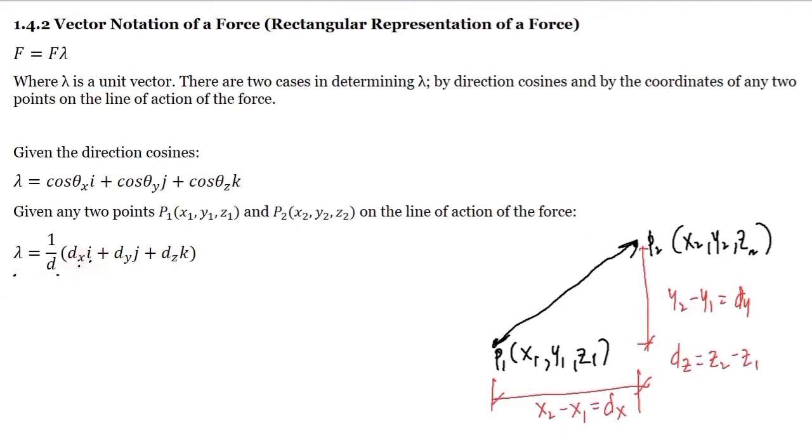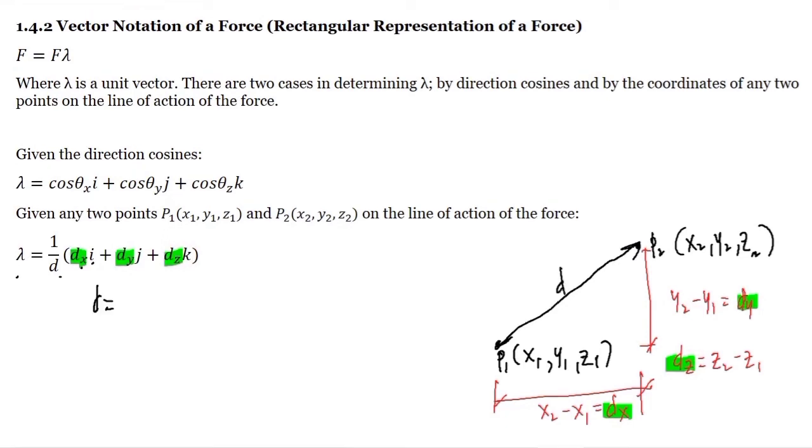plus dy j plus dz k. So this dx is along the i direction, this dy is along the j direction, and this dz is along the k direction. Now, what is the value of d? D is the diagonal, or the distance between the 2 points.